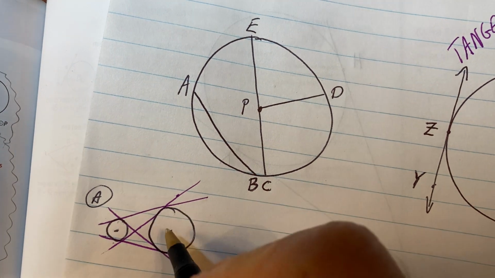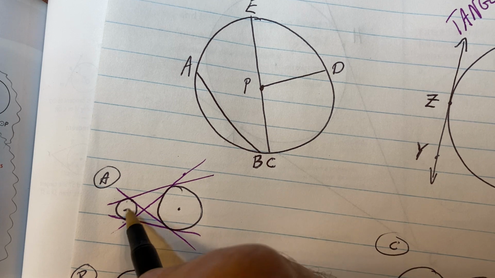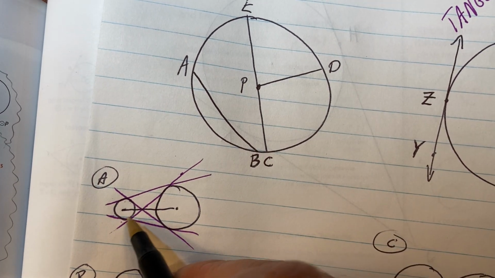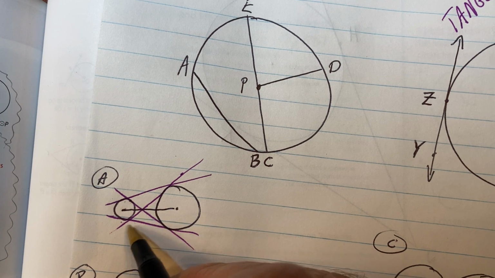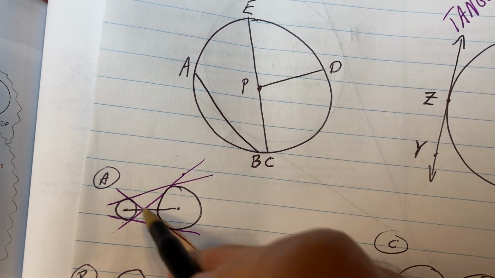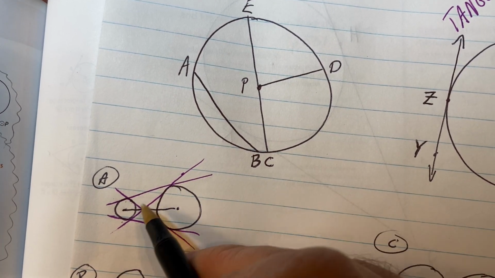Now, if I connect a segment from center to center, and the tangent passes through that segment, it's called internally tangent. So this line right here is internally tangent because it crosses that segment. This tangent also crosses that segment.